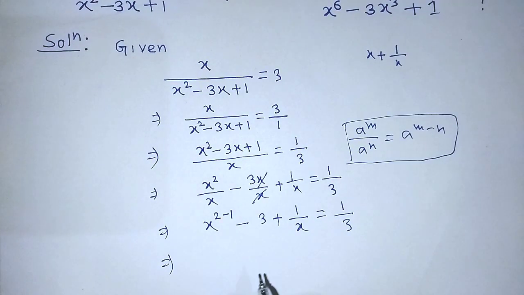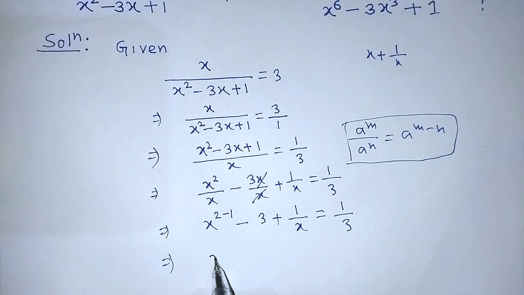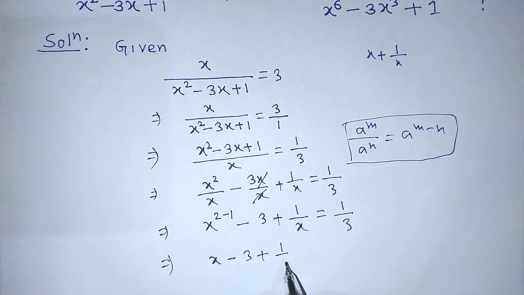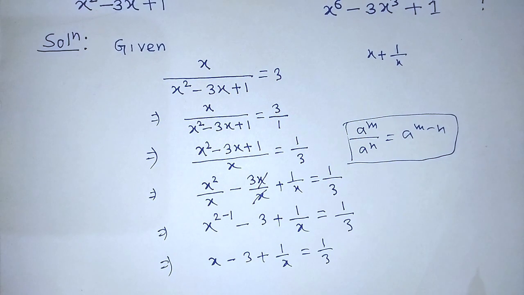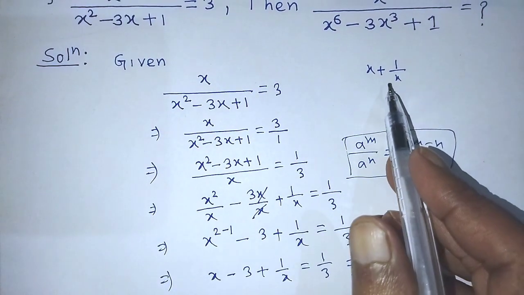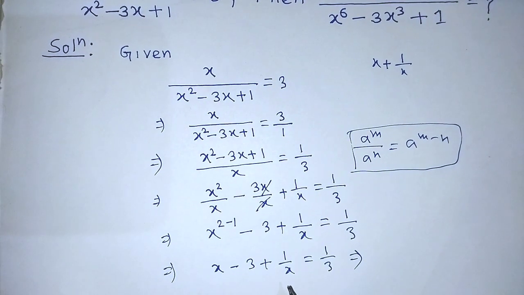After that we can write from the left hand side x minus 3 plus 1 over x is equal to 1 over 3. To find the value of x plus 1 over x from this equation, we have to transpose minus 3 from the left hand side to the right hand side.